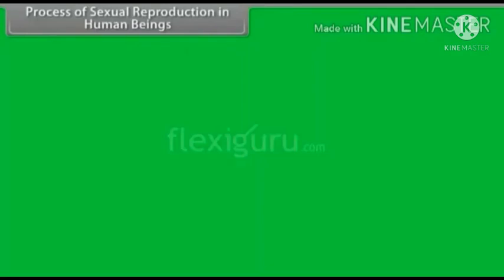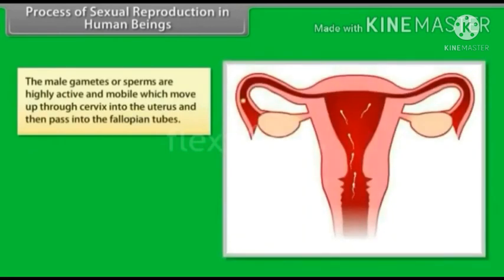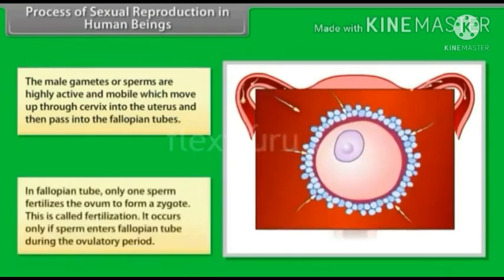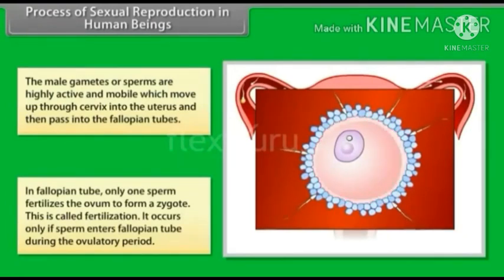Process of sexual reproduction in human beings. The male gametes or sperms are highly active and mobile, which move up through the cervix into the uterus and then pass into the fallopian tubes. In the fallopian tube, only one sperm fertilizes the ovum to form a zygote. This is called fertilization.